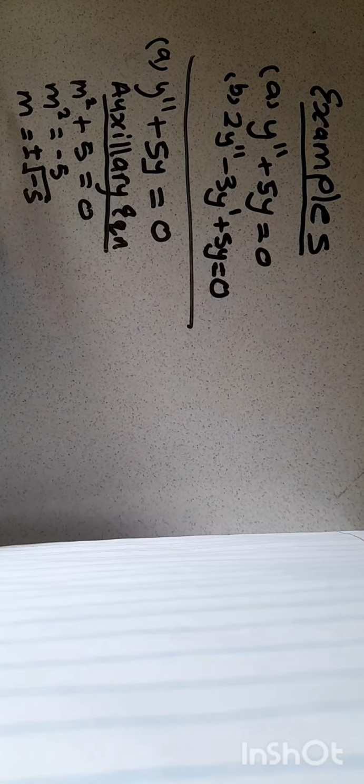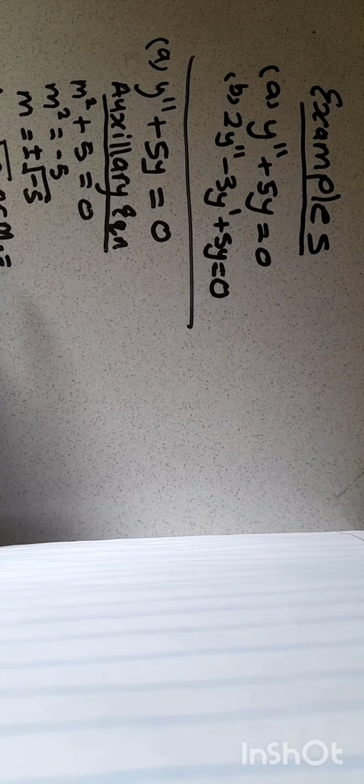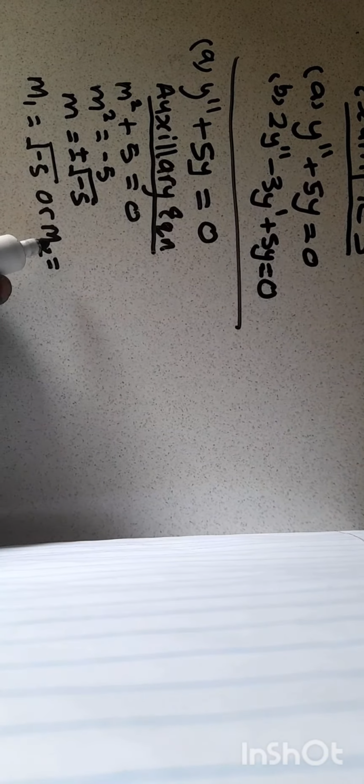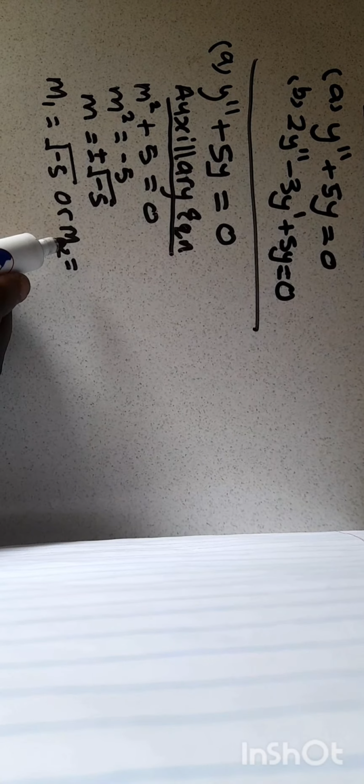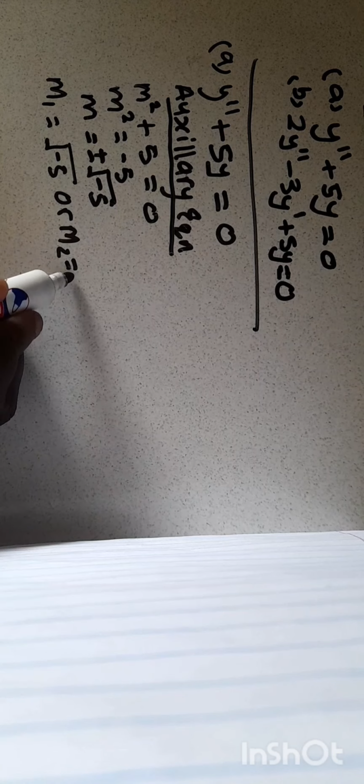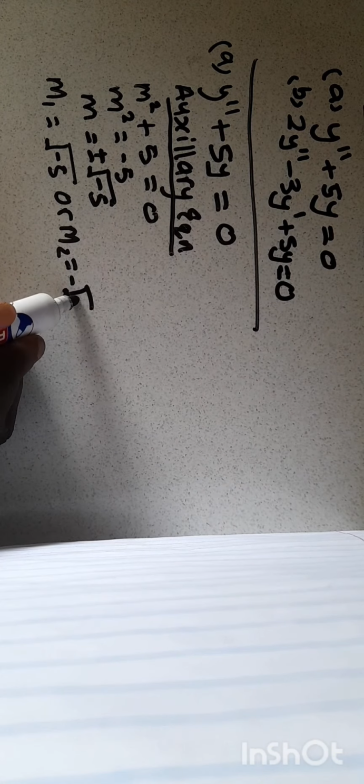So I can say m1 equals square root of minus 5, or m2 equals minus square root of minus 5.